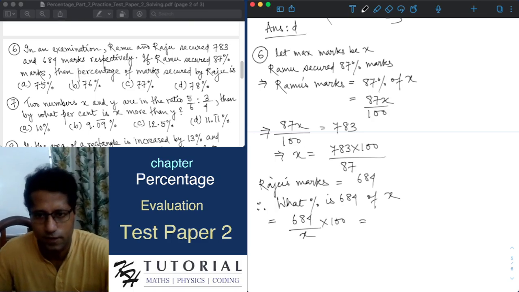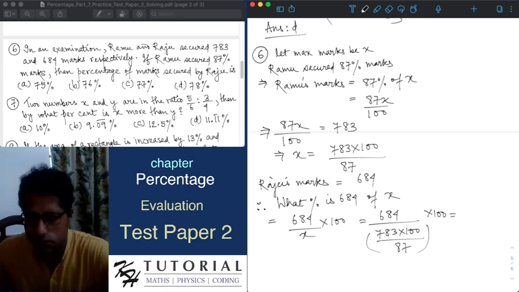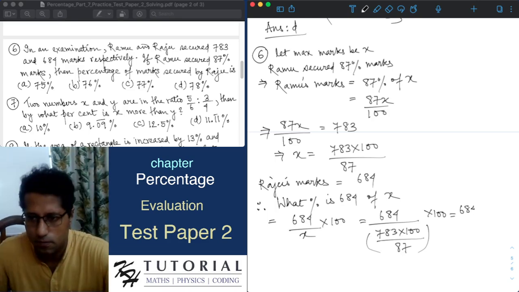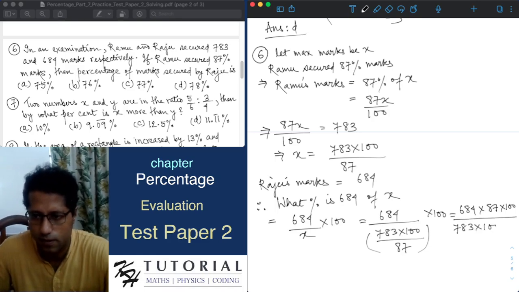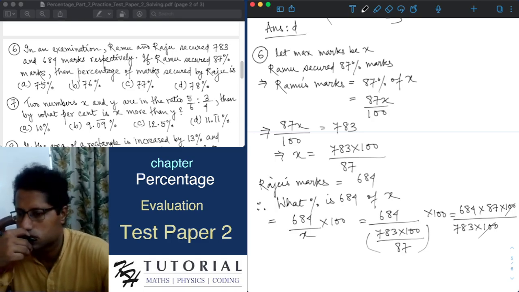Now if we substitute the value of X that we found earlier, it is 684 divided by 783 multiplied by 100 divided by 87, this multiplied by 100. This equals 684 multiplied by 87 multiplied by 100 divided by 783 multiplied by 100. 100 cancels out.